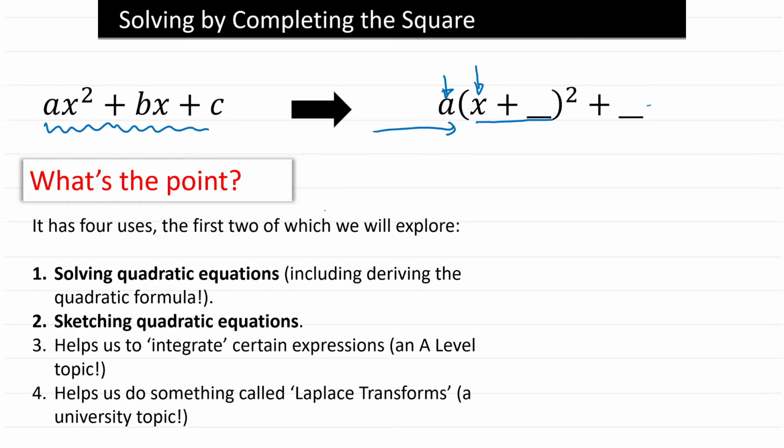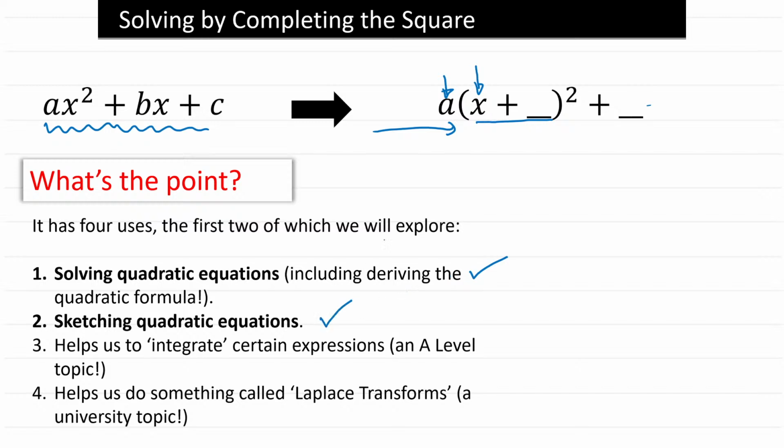Now, why do we want to do completing the square? Do we just have nothing better to do? No. Well, we can solve quadratic equations. We can use that by deriving the formula, and we can solve by using completing the square. We can also sketch quadratic equations.